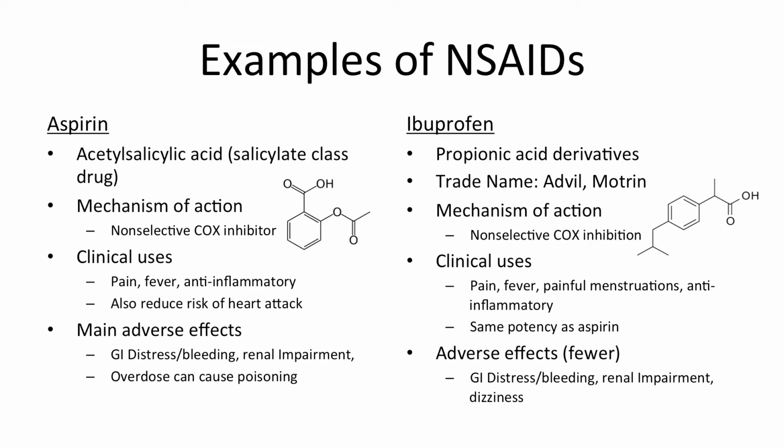It has a similar potency to aspirin, although aspirin also helps reduce the risk of heart attack. Ibuprofen, just like aspirin, has similar adverse effects, although it has fewer adverse effects as compared to some of the other NSAIDs.